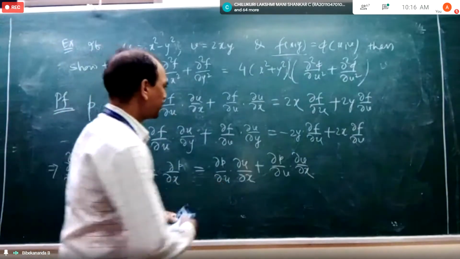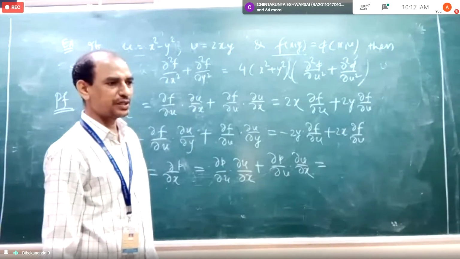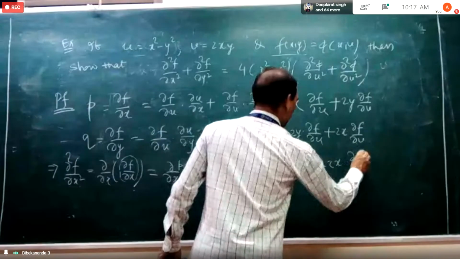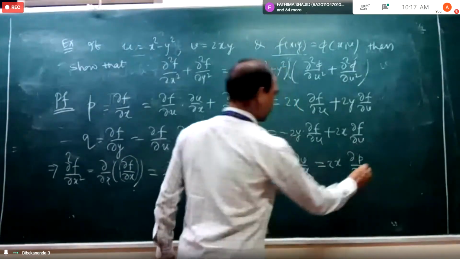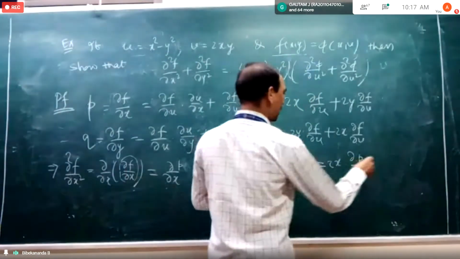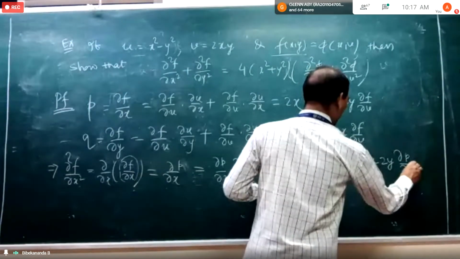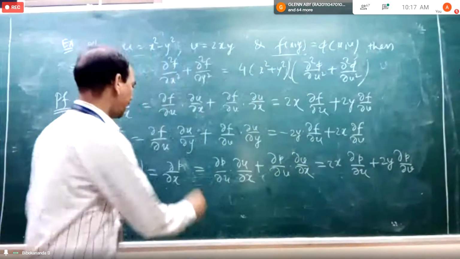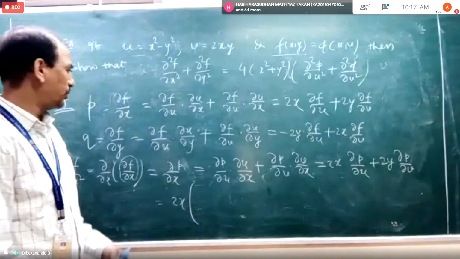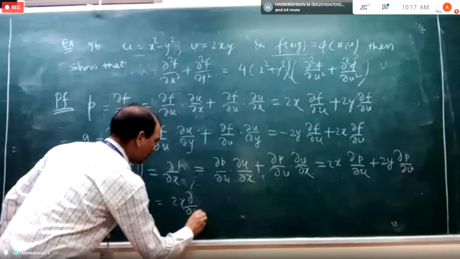So now you tell me what is the value of dou U by dou X? 2x, sir. 2x into dou P by dou U. And similarly here, dou P by dou X is 2y dou P by dou V. Now what you do? 2x into dou by dou U. What is P?